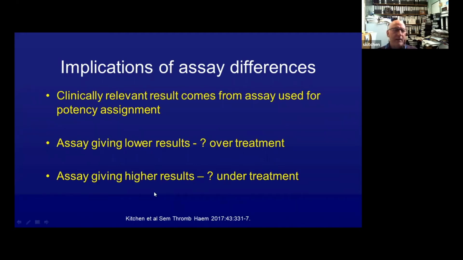Even worse, I think, if we choose in the lab an assay that gives higher results than the potency, overestimates, there is a danger. If that number is used to make a dose adjustment or to influence the number of units given, in that case, we may give insufficient factor VIII, and there is the risk of undertreatment and all the consequences. So this, I think, is a potentially relevant and serious situation. We don't want to do this.